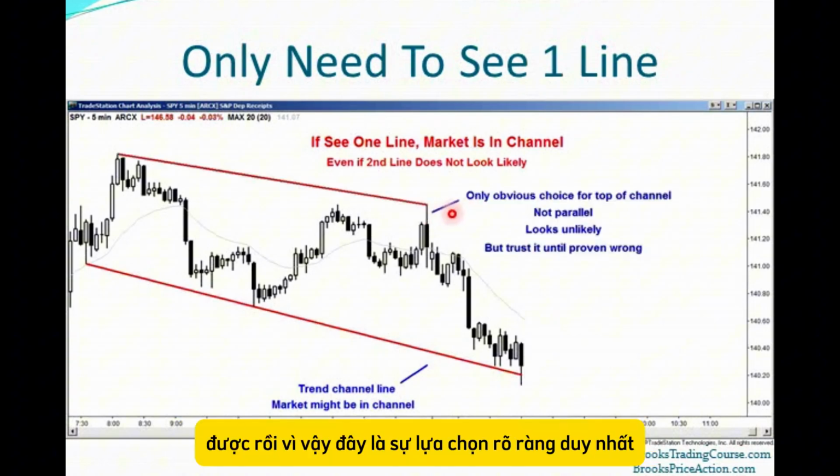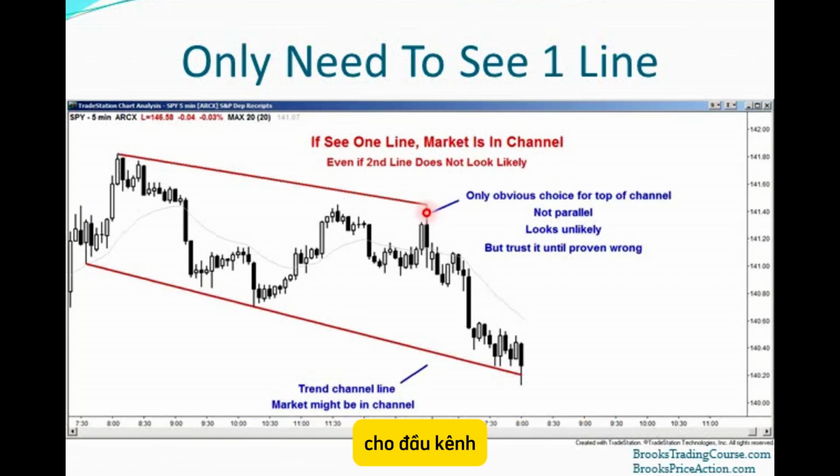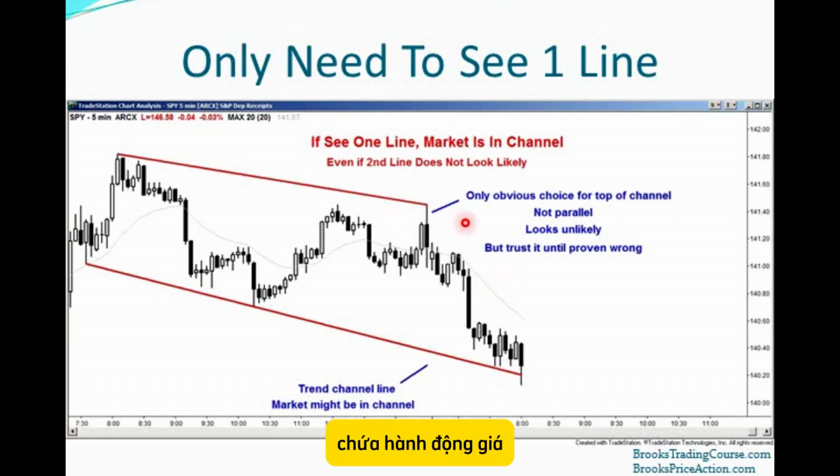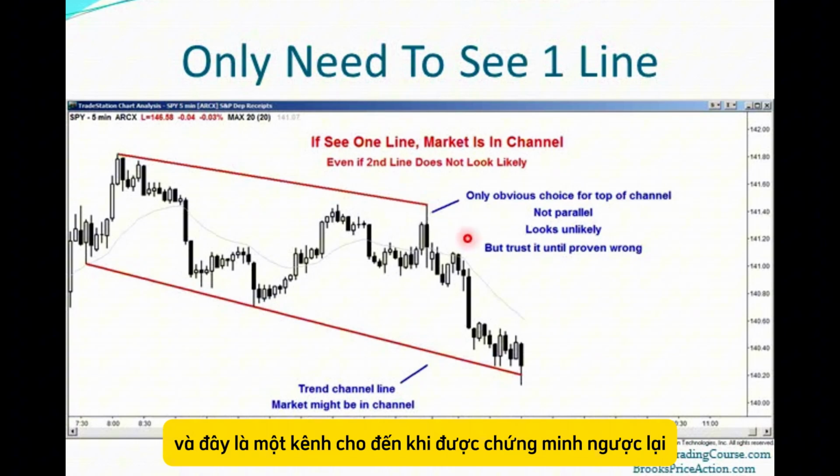Okay, so this is the only obvious choice for the top of the channel. The lines are not quite parallel. This line has a flatter slope, so they're somewhat divergent, but it's better to assume that this will contain the price action and that this is a channel until proven otherwise.